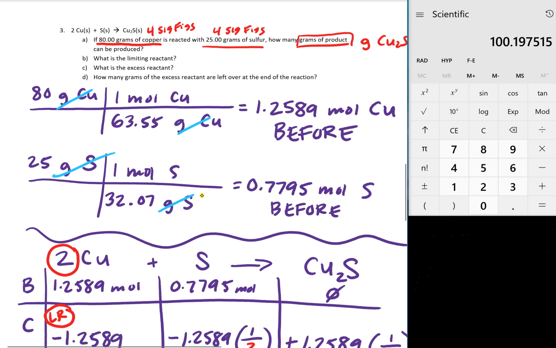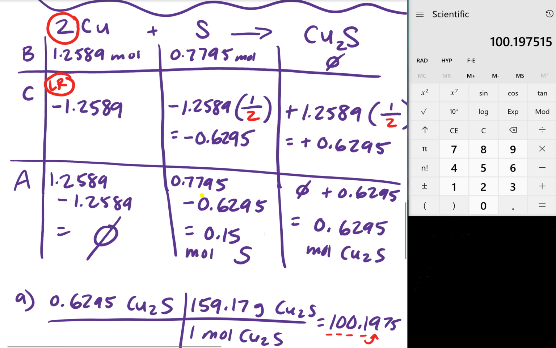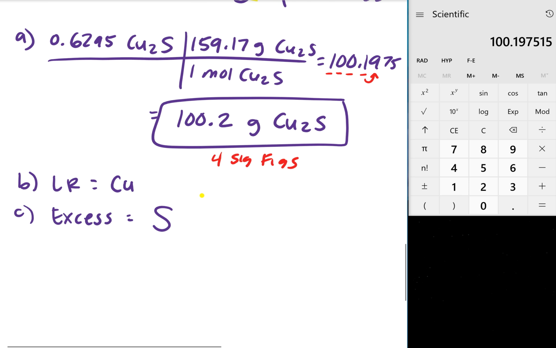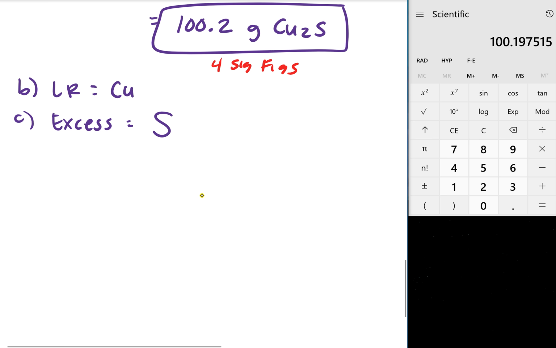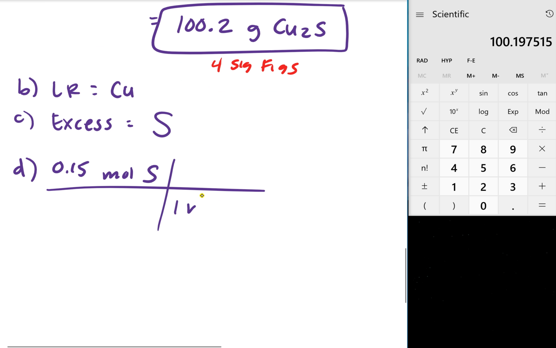Part D, how many grams of excess reactant are left over at the end of the reaction? So since we just said the sulfur is the excess reactant, go to my BCA table, locate the quantity that you have left over. You have 0.15 moles of sulfur left over after this reaction. And they want grams, so you're going to convert that into grams. 32.07 is the molar mass of sulfur.